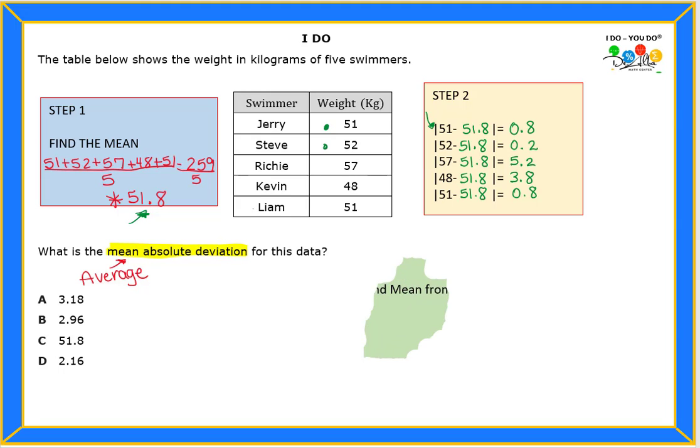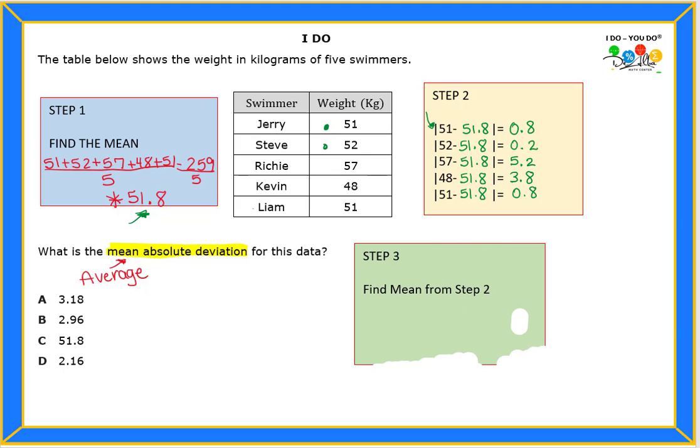In step three, it looks like we are repeating step one, because step three says find the mean of the results from step two. So we're going to get all those numbers that I have and find the average for them.